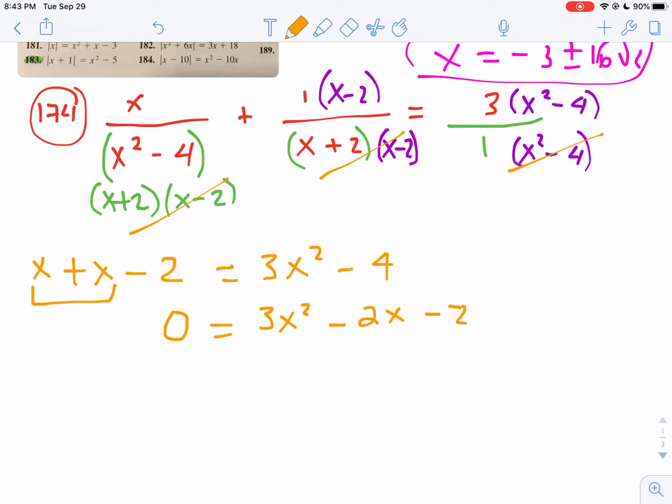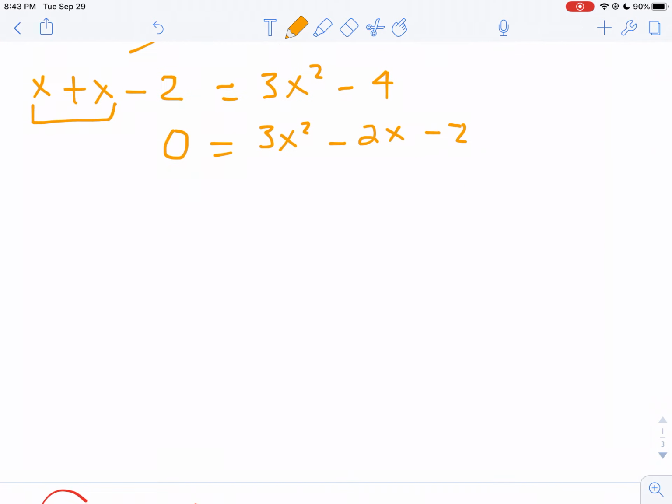I want to use the method that is going to help me solve this problem as fast as I can. I'm just going to use the quadratic formula because I don't want to waste time trying to see if I can factor this. I know my a is 3, my b is negative 2, and my c is also negative 2.